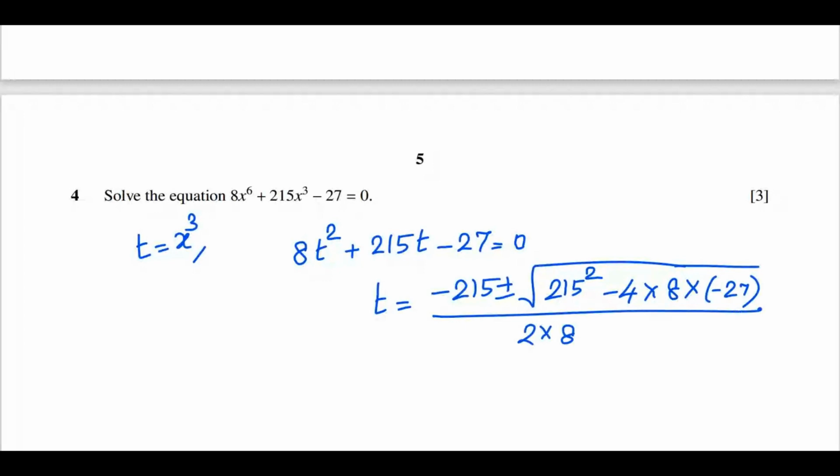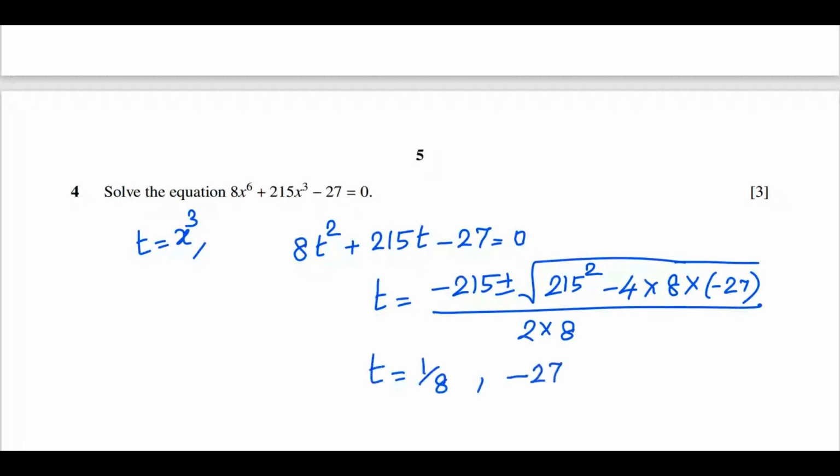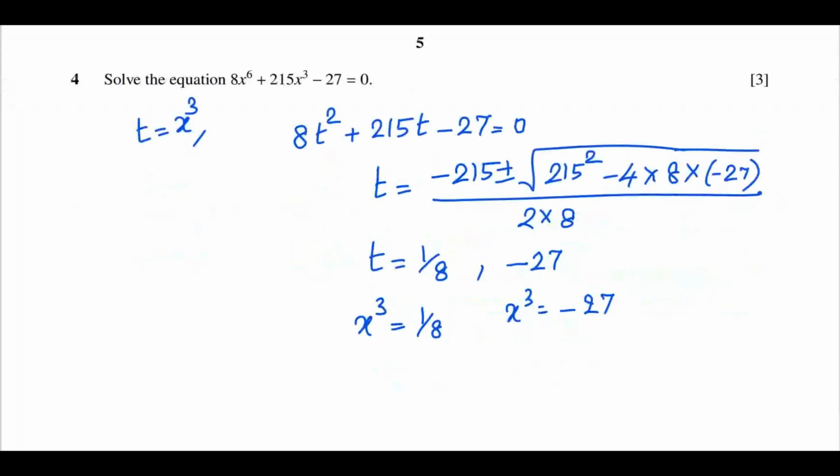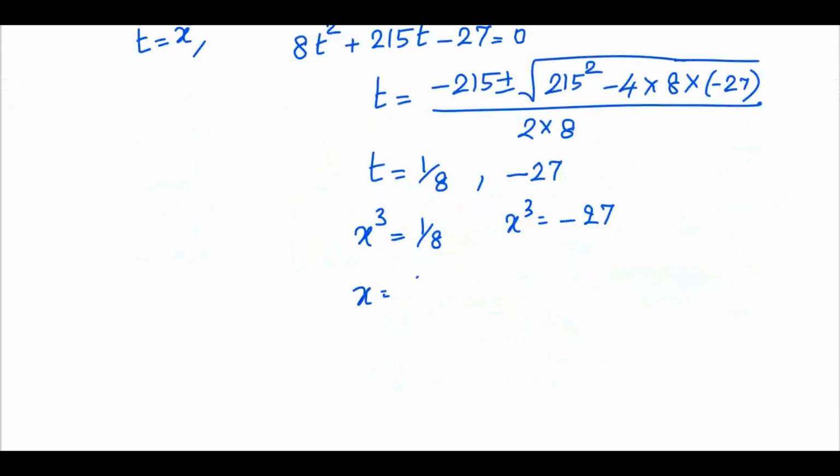So on simplification, we get t as 1 over 8 and negative 27. That is x cube equal to 1 over 8 or x cube equal to negative 27. So x equal to 1 over 2 or x equal to negative 3.